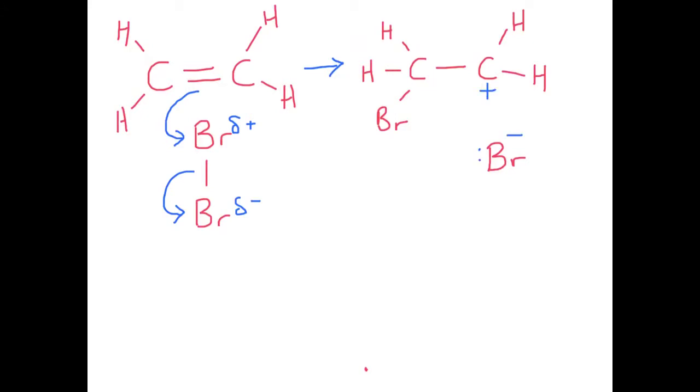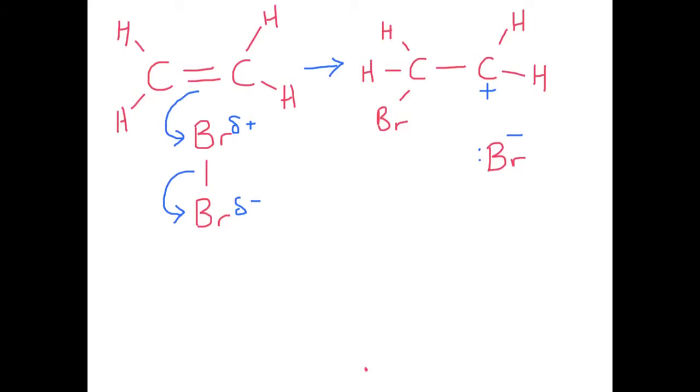The other carbon, therefore, has lost one of the electrons that it was sharing with the carbon on the left, which means that it's got a positive charge because it's essentially lost an electron. The other bromine, on the other hand, has gained an electron, because if you look at that arrow, both the electrons in between the two bromines have gone to the bromine furthest away from the double bond. So that means it's actually gained an electron that it was previously sharing.